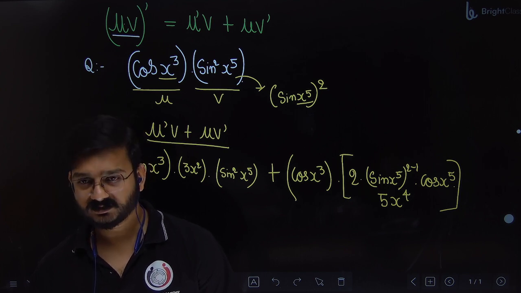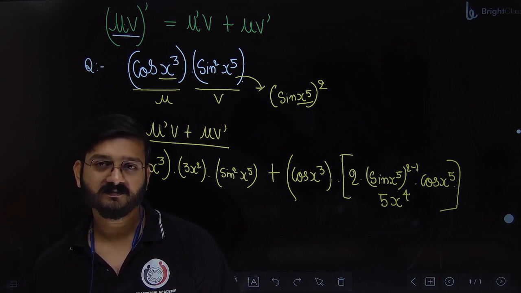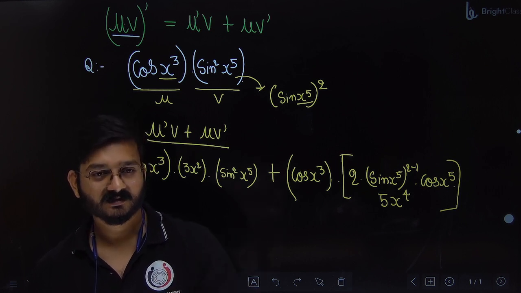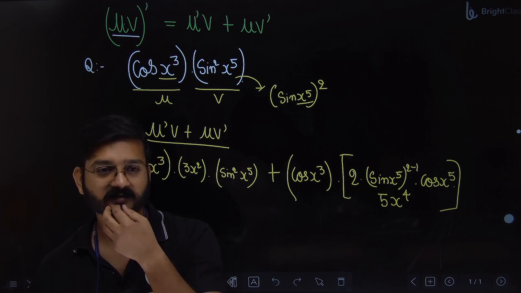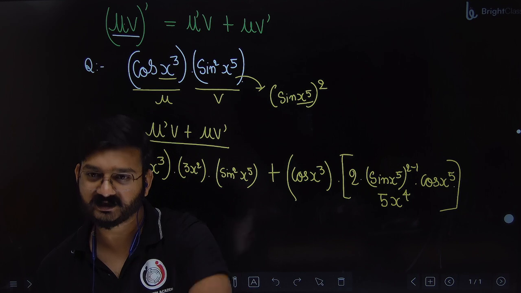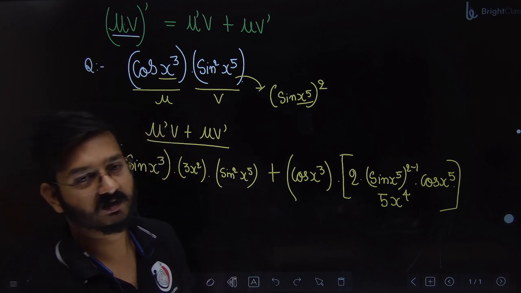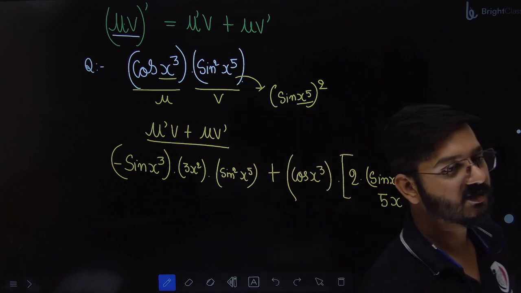Now, one more case is possible: that the function is not continuous. So what can we comment about differentiability? I'm telling that the function is not continuous at x equal to a. So what can we comment about differentiability at x equal to a? Will it be differentiable or non-differentiable?